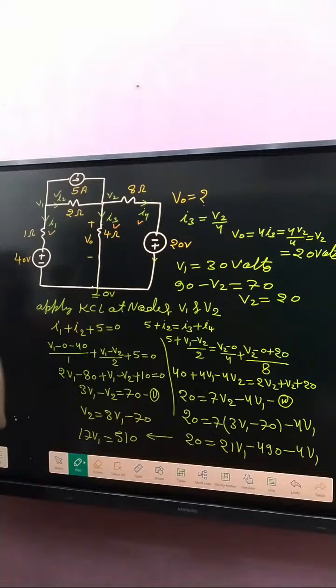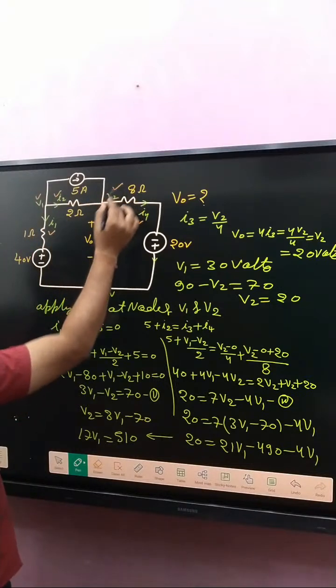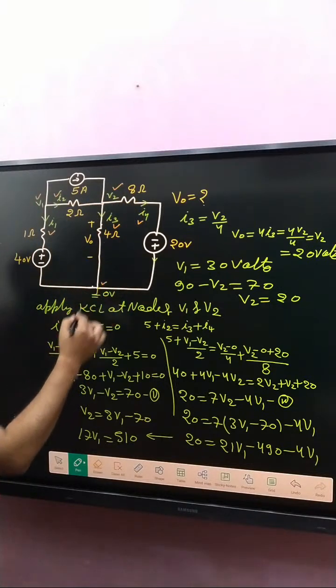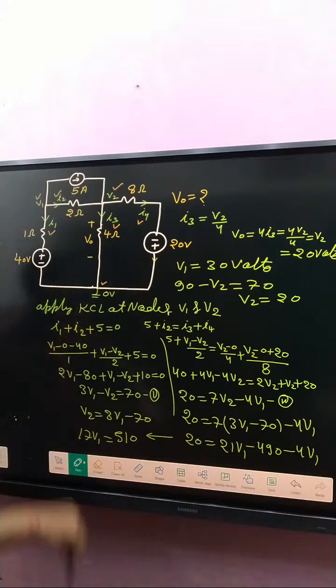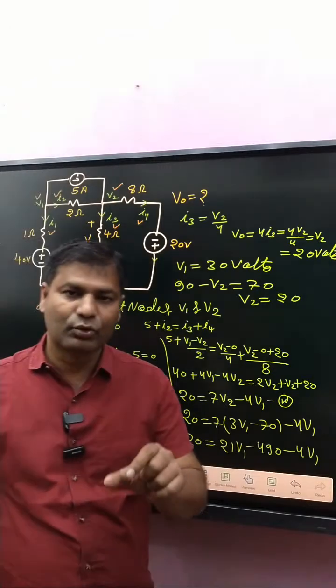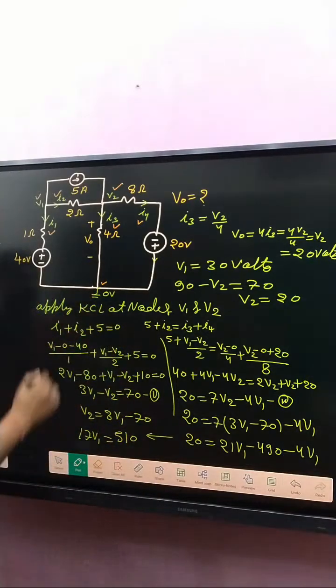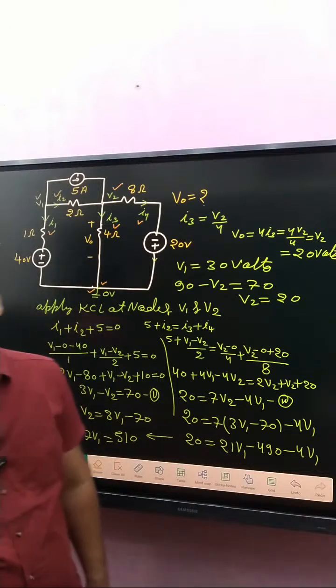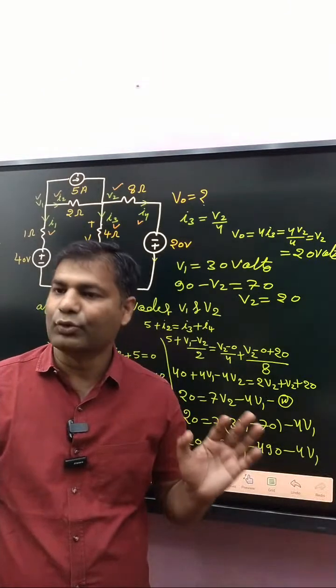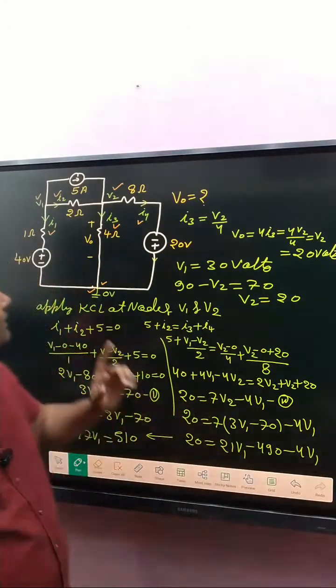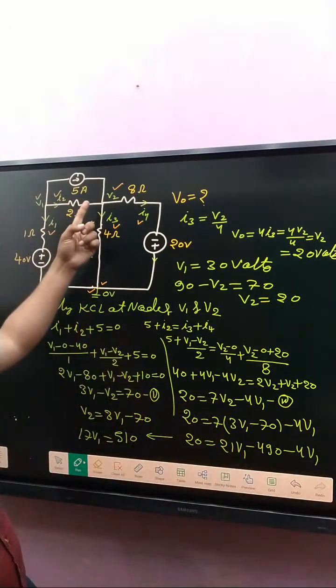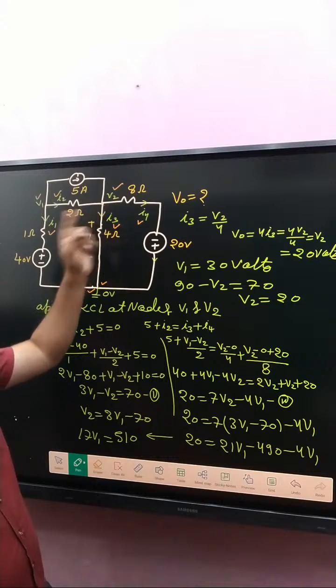After that, decide the node voltages: here V1, here V2, and V3. The third step says take one node as the datum node, which we consider as zero voltage. Next step, apply KCL at the given nodes, means apply KCL here, and if required then apply KCL also here.